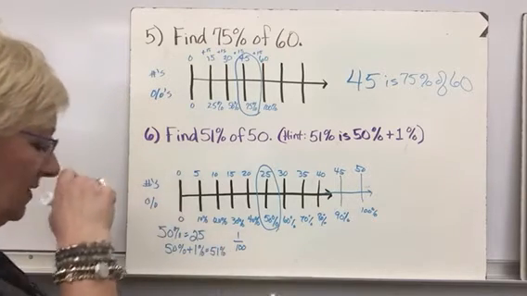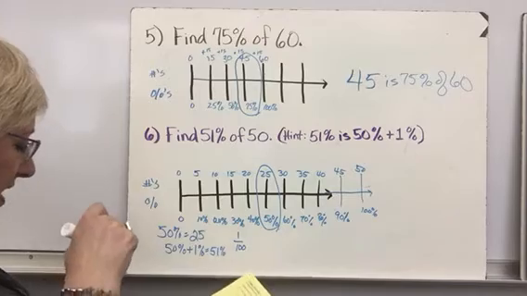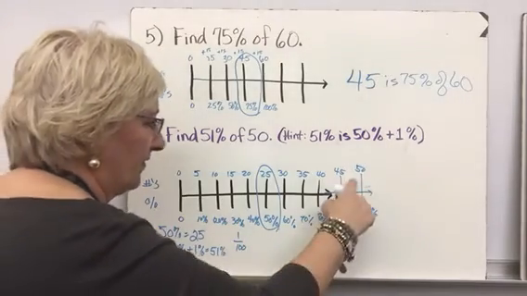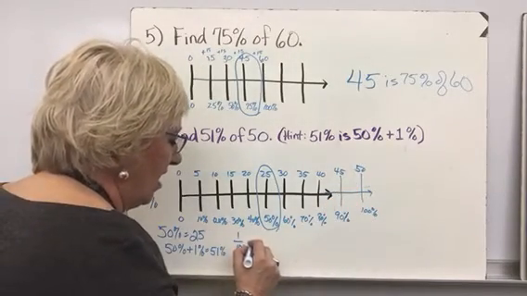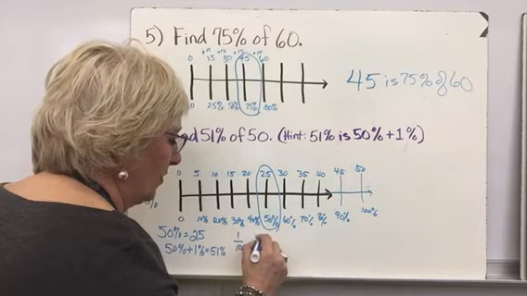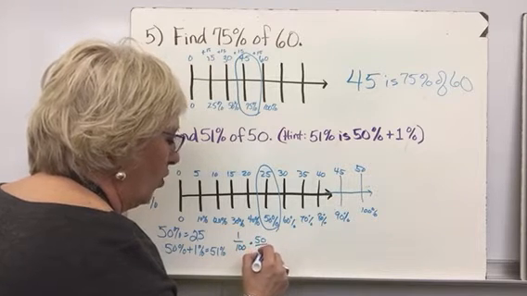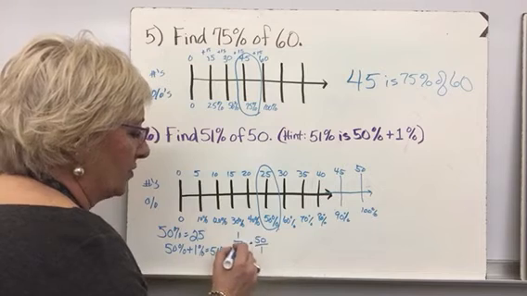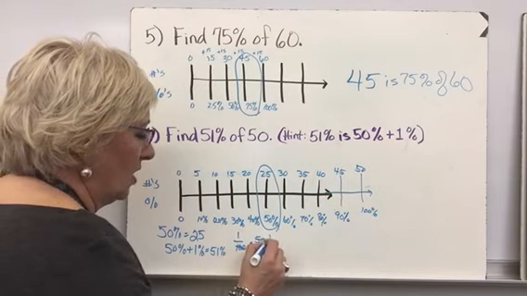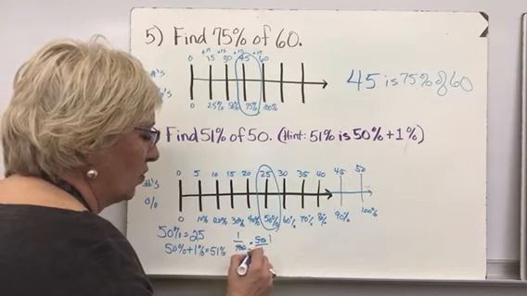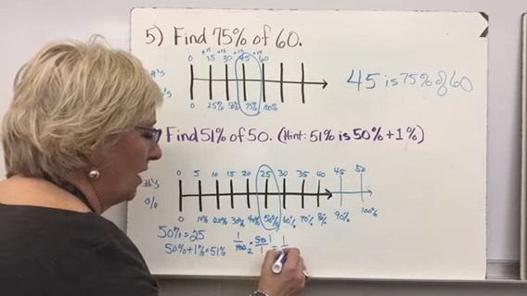All right, so what is 1% of 50? So I know that if I'm looking at 1% of 50, I've got to say of is the same thing as times, so I'm going to put 50 over 1, and I know that I can cross-reduce. This 50 goes into 50 once, and 50 goes into 100 twice, so this is going to equal 1/2.